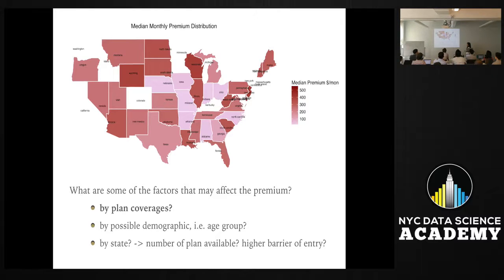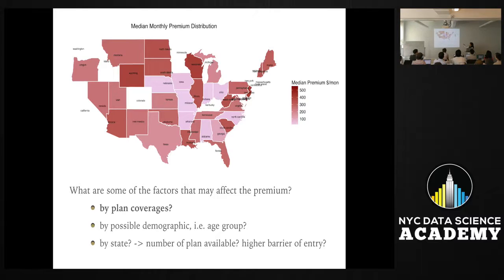On the top of the slide, it's a map of the median monthly premium distribution by state. The darker the color, the more expensive it is in that state. So New Jersey here, pretty small in that corner, is pretty expensive, same as Wisconsin and Wyoming. And the lighter pink color, like Nebraska, Iowa, Missouri, those are cheaper states.